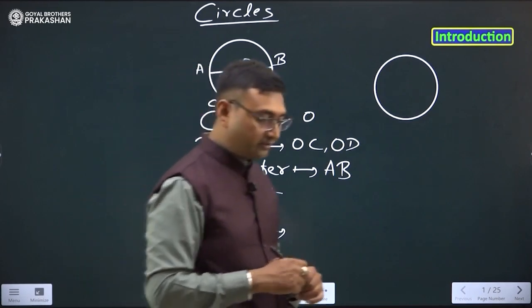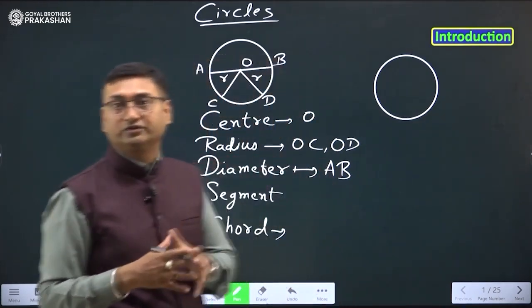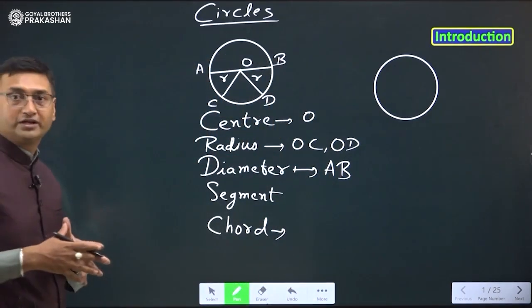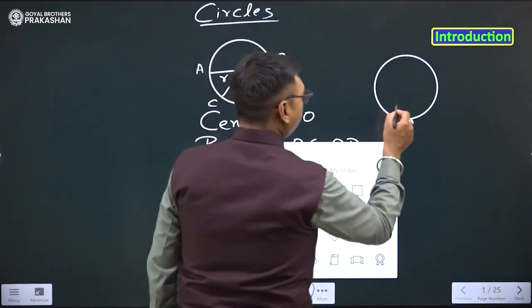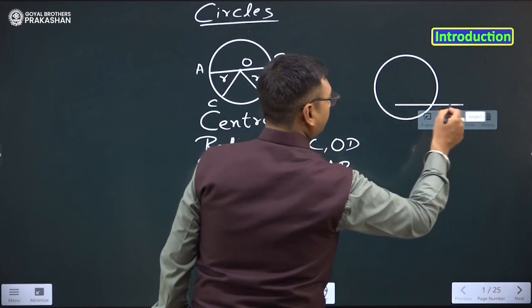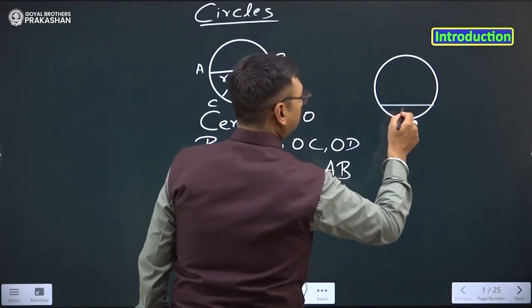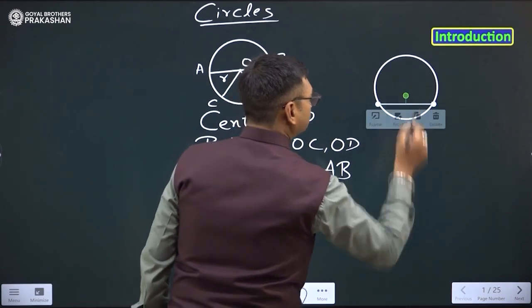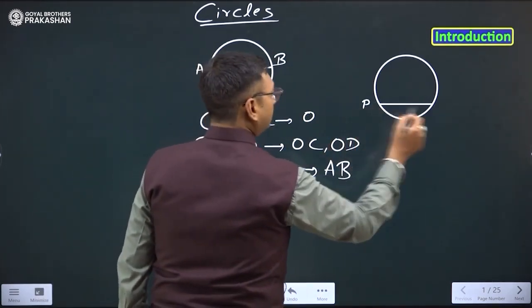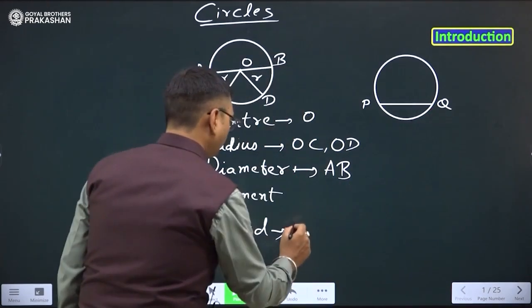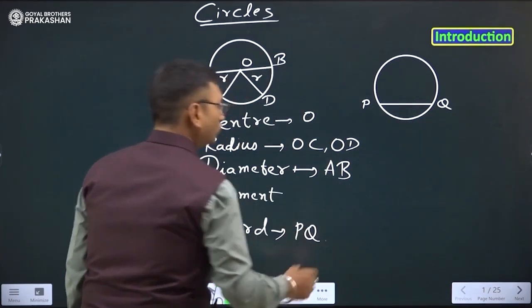Any line segment which is joining the boundary of the circle is known as the chord. For example, if we have this line segment and it is joining 2 points on the boundary of the circle, let's say this is PQ. So PQ is the chord.